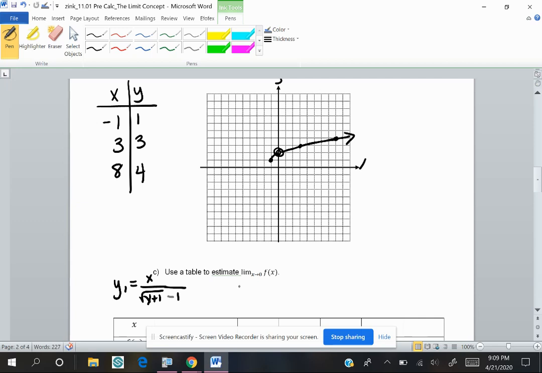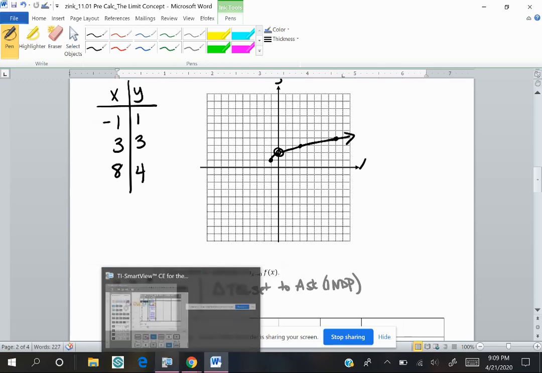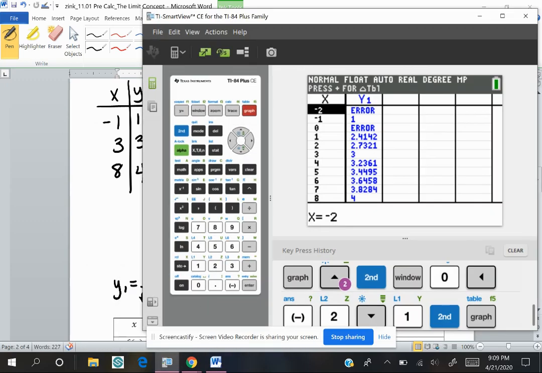And then what I want you to do is change your table set to ask for the independent variable. I'll show you what I mean right here. I'm not sure if you guys have done this before or not.